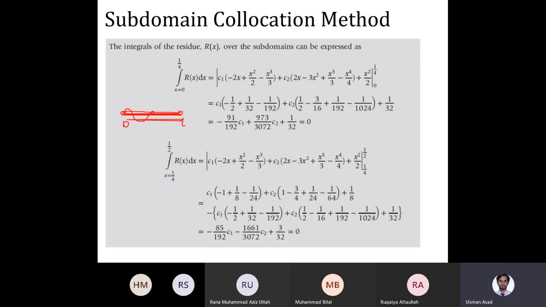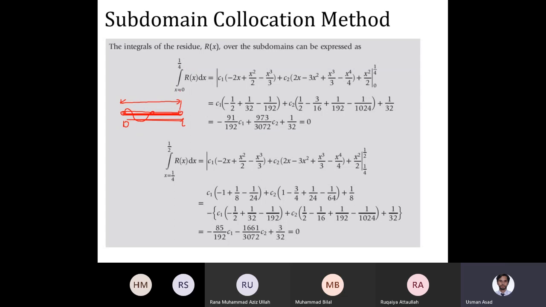So the integral of the error over dx, we are setting that equal to 0 over small subdomains, and the choice of those subdomains is once again up to you. It doesn't have to be from 0 to 1 by 4 and then from 1 by 4 to 1 by 2. It could be, for example, from 0 to half and then half to 1. Anywhere within the bounds 0 and 1, you can create these subdomains.